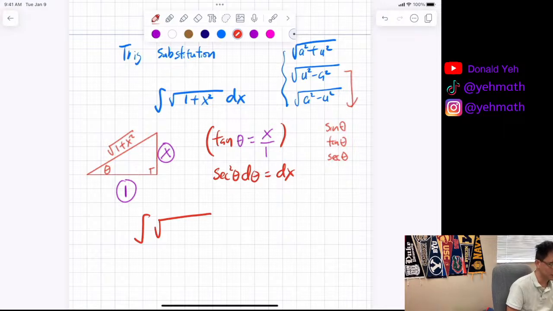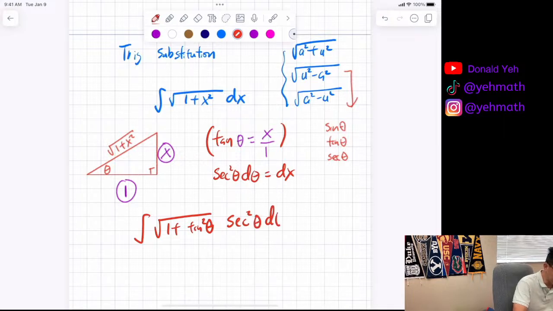It's tangent squared theta. So 1 plus tangent squared theta. What is dx? Secant squared theta d theta.